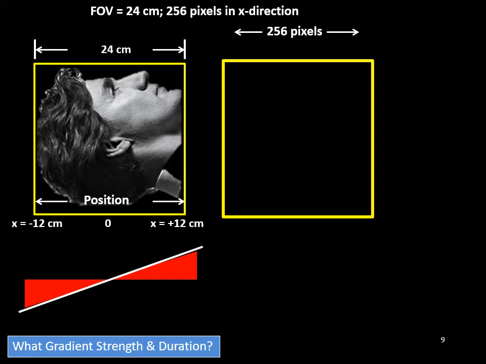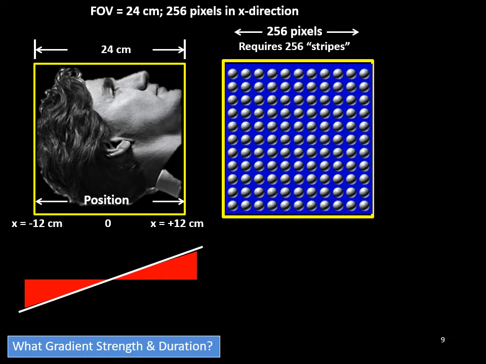Recall this model that we had from the spin gymnastics lecture, that when we require 256 stripes across the image to get 256 pixel resolution, and we look at the system of rotating balls, recall that in this system, the frame of reference is with respect to the center ball.